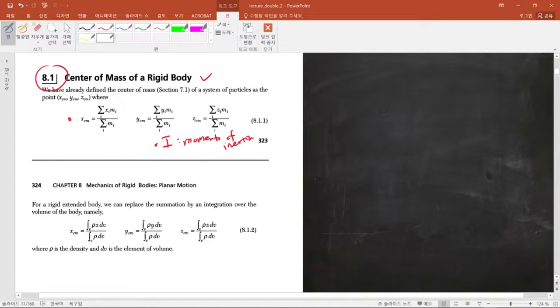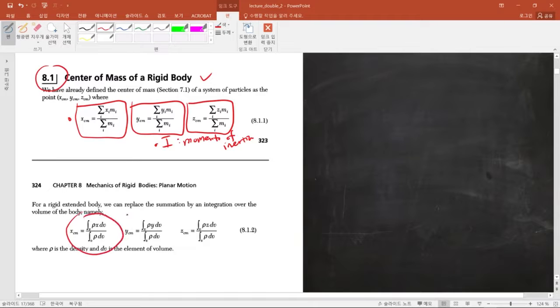Okay, so this one just appeared in the first lecture. So x center of mass, y center of mass, and z center of mass. And the mass distribution can be linear or planar or a volume.